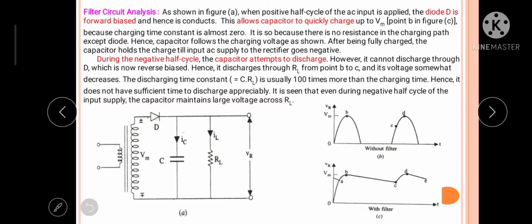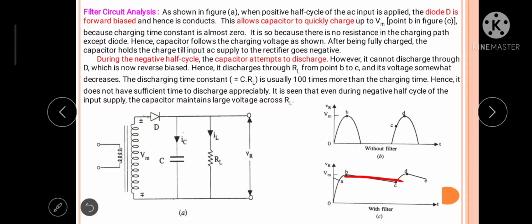Now during the negative half cycle, the capacitor attempts to discharge. However, it cannot discharge through the diode D, which is now reverse biased. Hence, it discharges through the load resistance RL from point B to C, and its voltage somewhat decreases from point B to C. The discharging time constant is C into RL, which is usually 100 times more than the charging time.